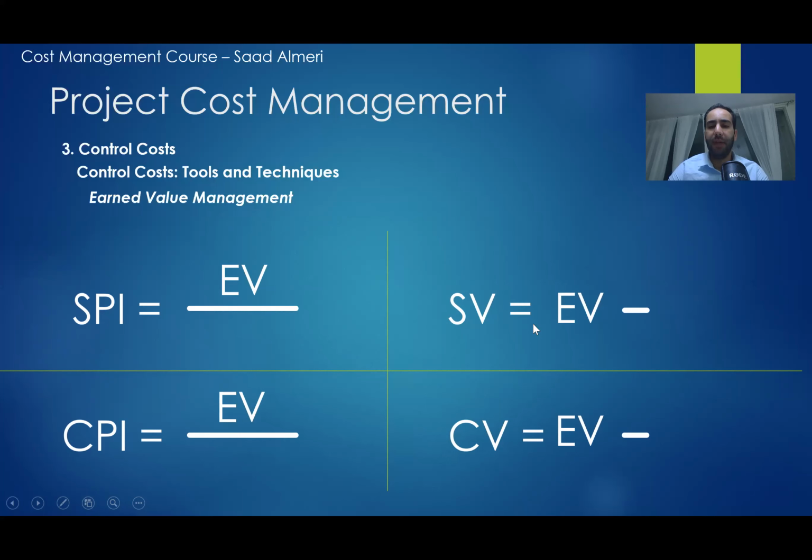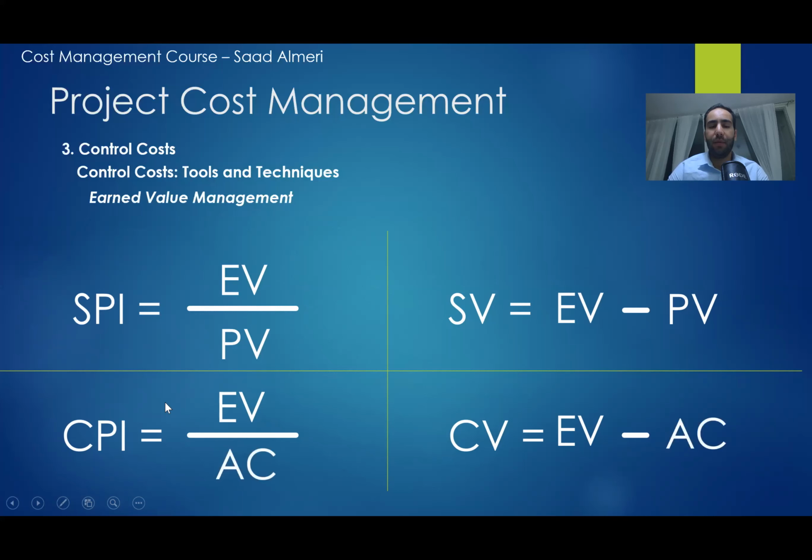If we talk about variance, which is SV and CV, we have the EV in the beginning. When we talk about schedule performance index, which is schedule, then we need the planned value. If we talk about schedule variance, we need the planned value. So when we mention schedule, we need the planned value. We put the planned value at the bottom, and we put it at the end of the variance.